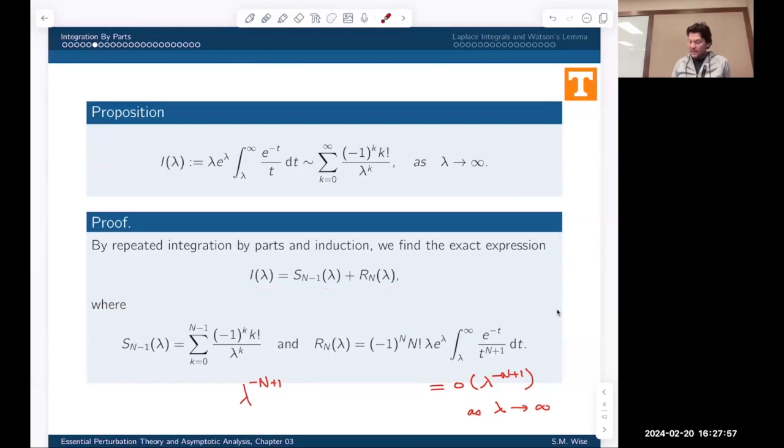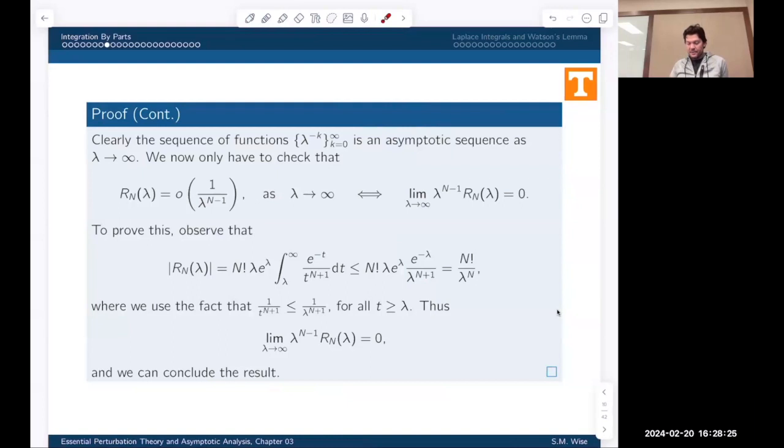So if I can show that that error is little o of lambda to the minus n plus 1, and I can do that in general, then I'll have shown that this guy has the asymptotic expansion given by terms which look like that, which is just this. So that's what I aim to show.